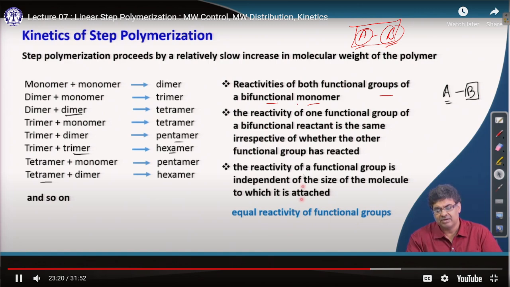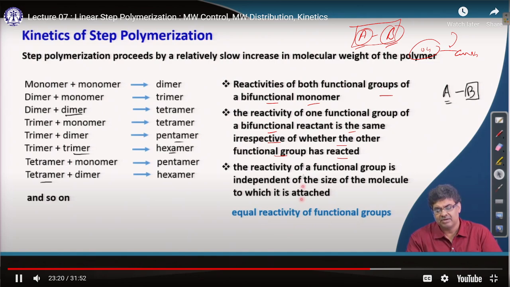If you are an organic chemist, it will be a little hard to understand how it is the same, but in polymer chemistry it is assumed to be the same. Suppose one side is COOH and the other side is OH; in polymer chemistry we assume both are equally reactive. The reactivity of one functional group of a bifunctional monomer is the same irrespective of whether the other functional group has reacted.